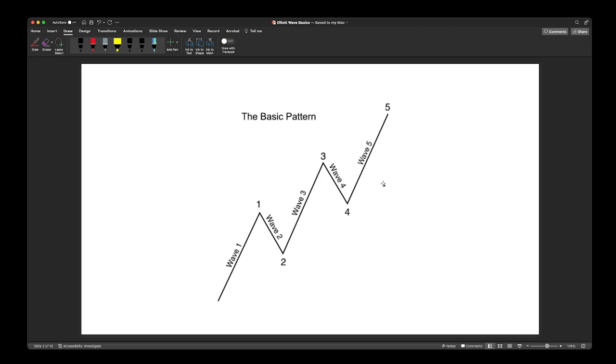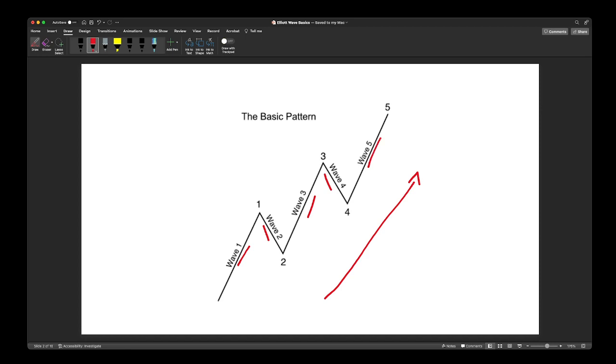So what's the basic pattern? The basic pattern is a five wave movement. Simply put, we have this motive wave, a wave with tendency, with direction, with motivation for the upside, made up of five waves. Wave 1, wave 2, wave 3, wave 4, and wave 5.